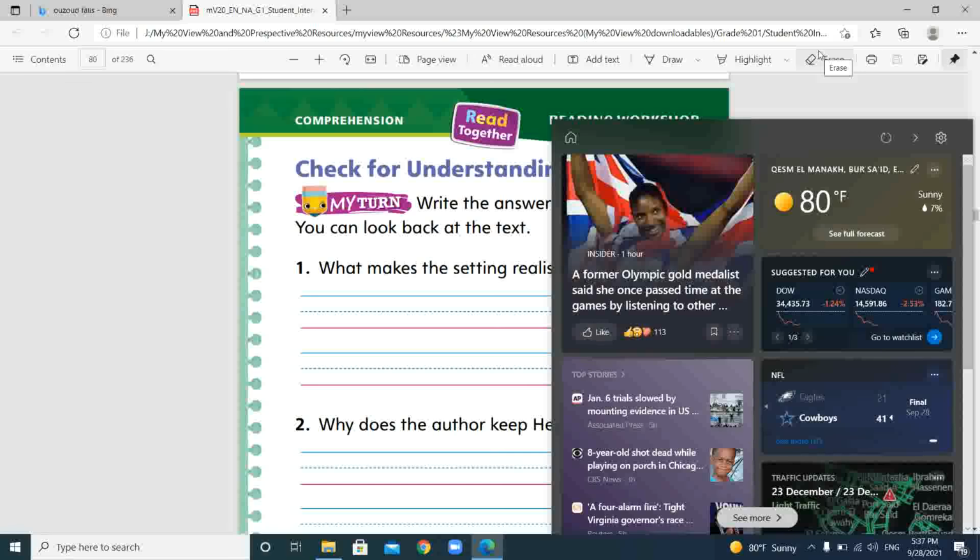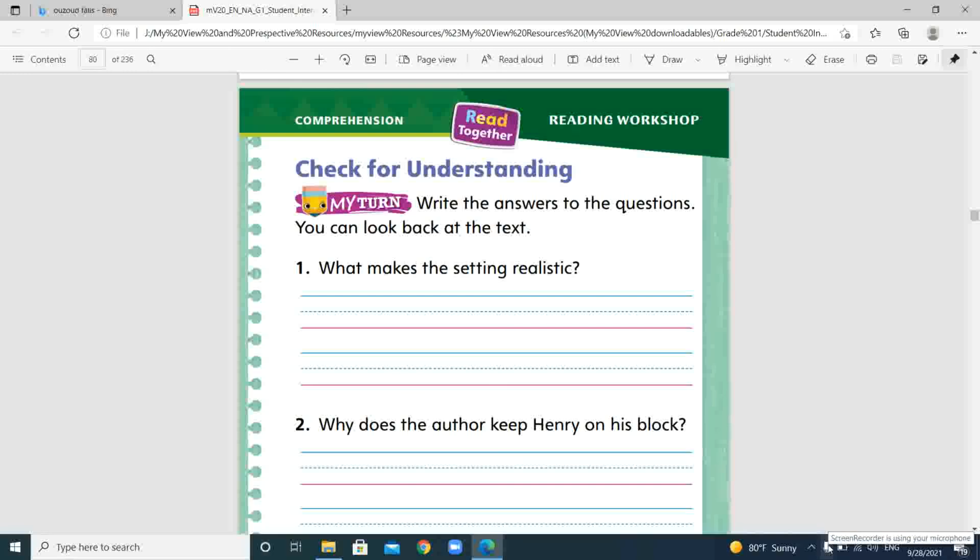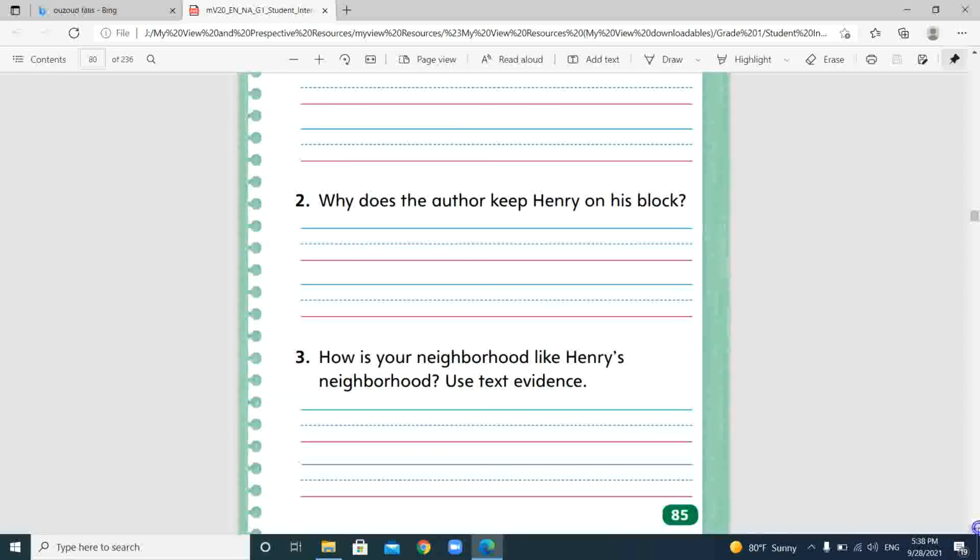It shows you that Henry's mom was worried about him. She doesn't want him to get lost, and the author wants to describe what the neighborhood is like. The third question we didn't complete today, but we can discuss it.